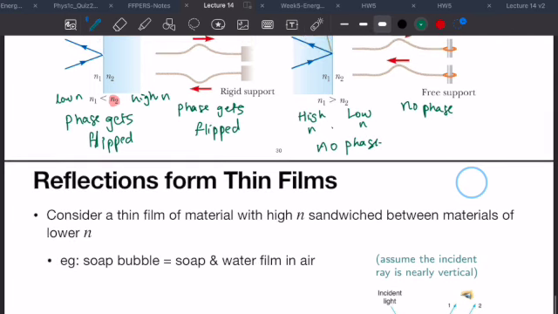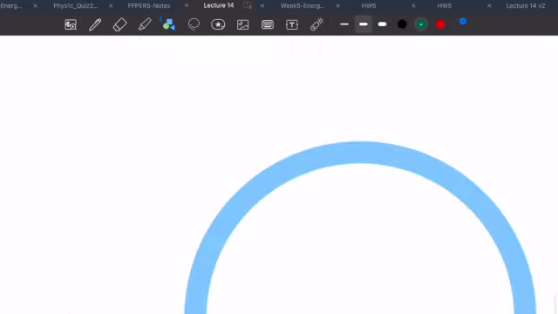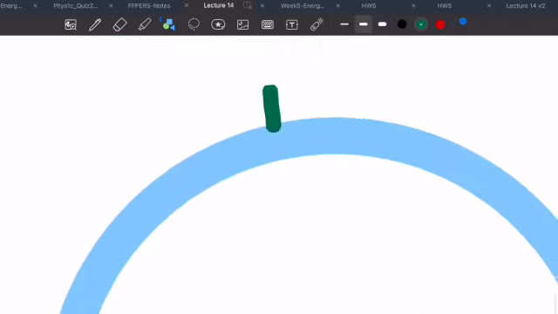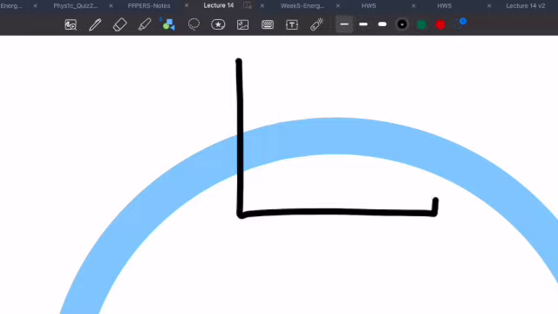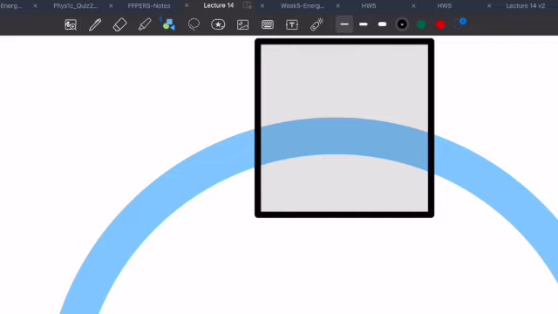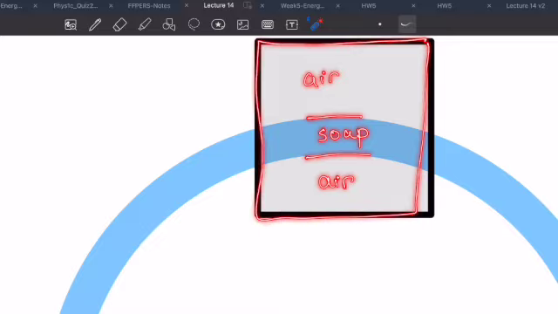Now let's zoom in further and further and look at this section of the soap bubble. Keep zooming in till you're just looking at this boundary. So we have a film of soap, we have air up here, and we have air down here. Remember this, because this is what we're going to redraw.